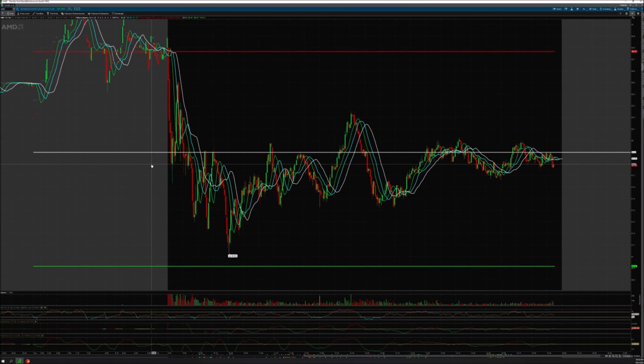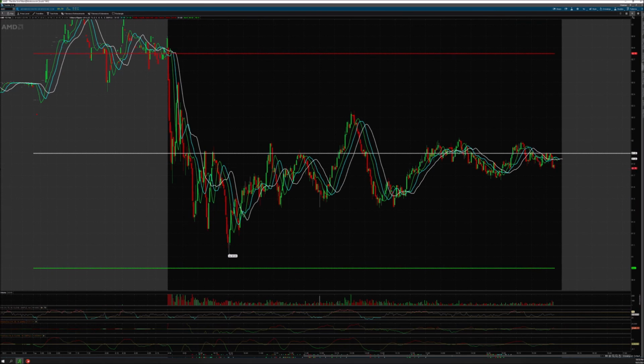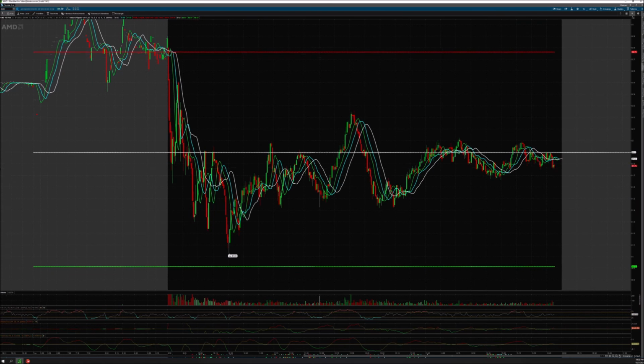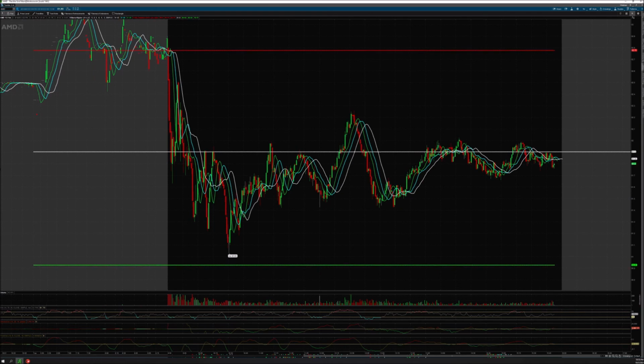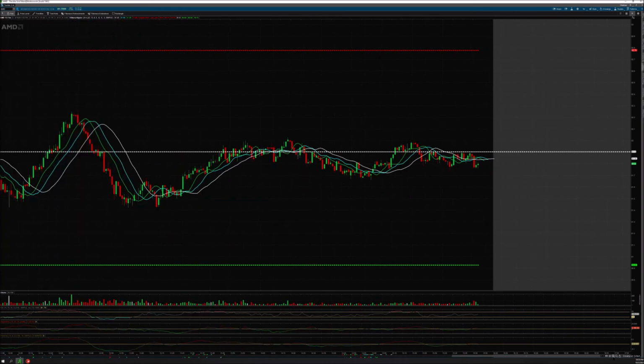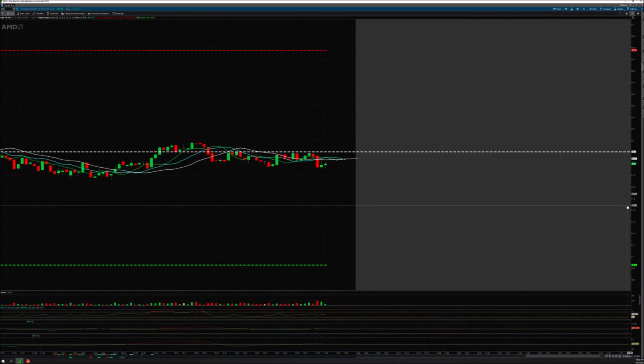If you pay attention, it moves on top, on the graph, on the chart. I was trying to show you that it was moving. There you go. I think you should be able to see it.